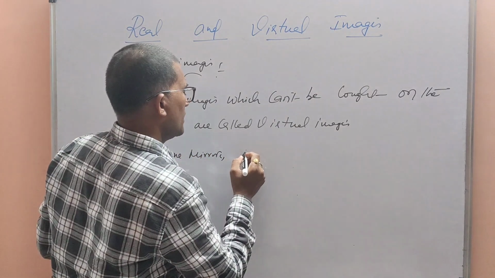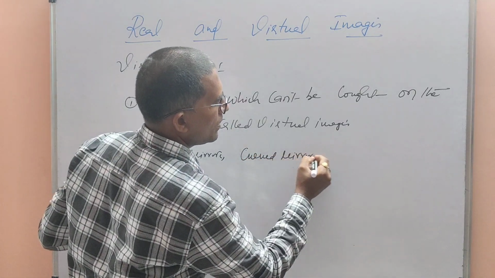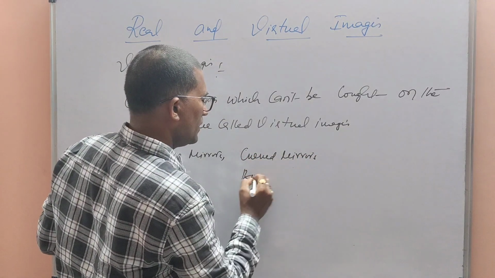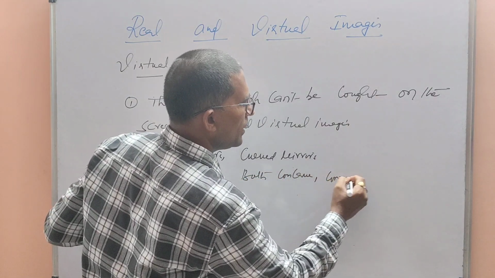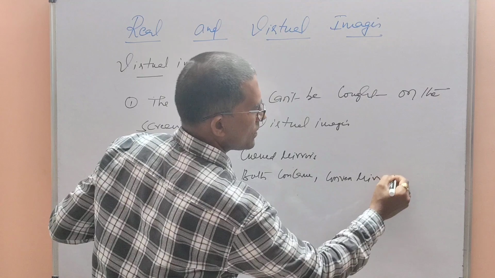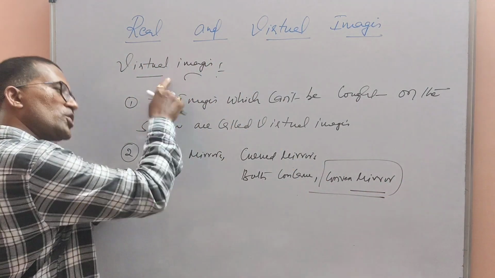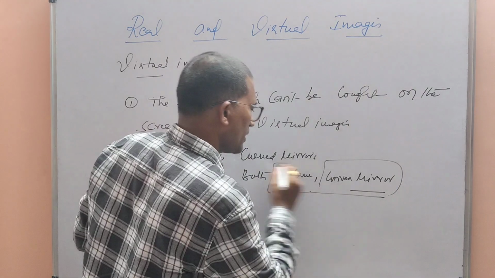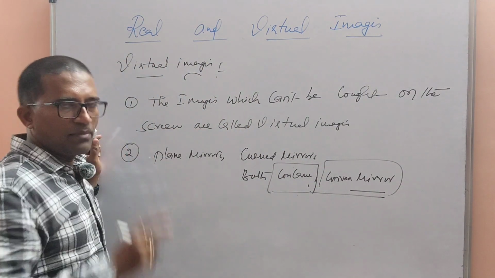Next, curved mirrors, that is, both concave and convex mirrors. In a convex mirror, the image formed is always virtual only, but in case of a concave mirror, only in one case do we see the virtual image.